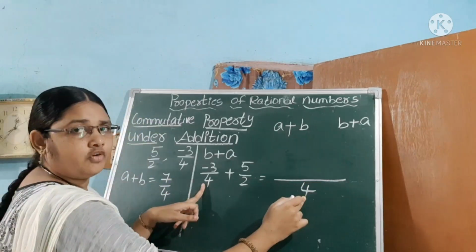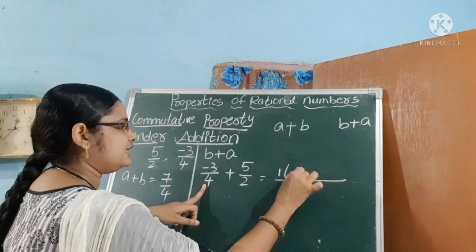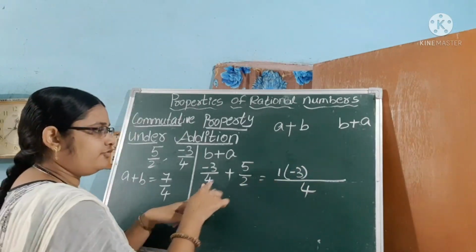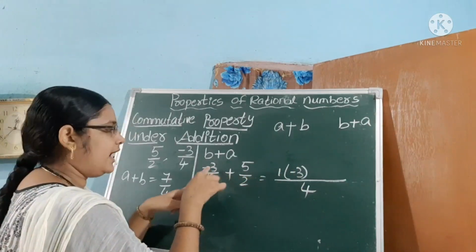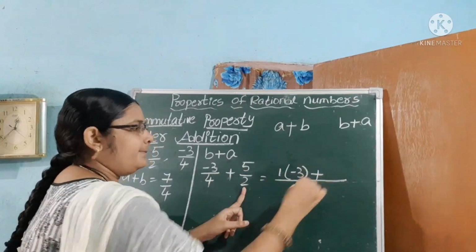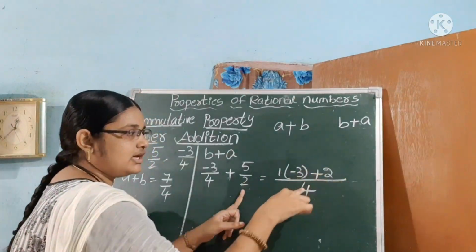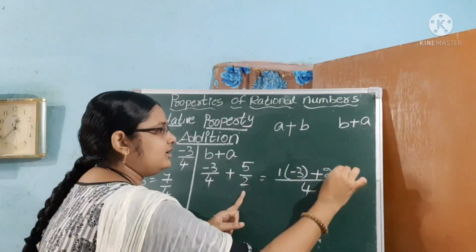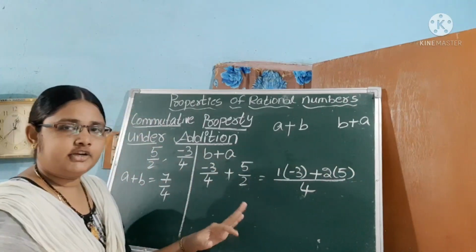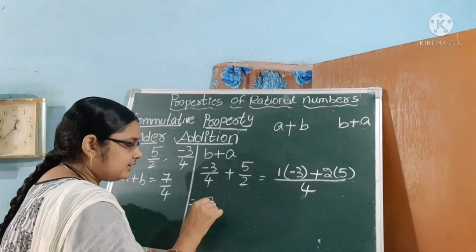In 4 table how many times? 1 time. 1 into minus 3. Did you understand? 4 ones are 4 and numerator. Next 2 table. Here what is the symbol? Plus. 2 table in 4, 2 times. 2 2s are 4. What is the numerator? 5.